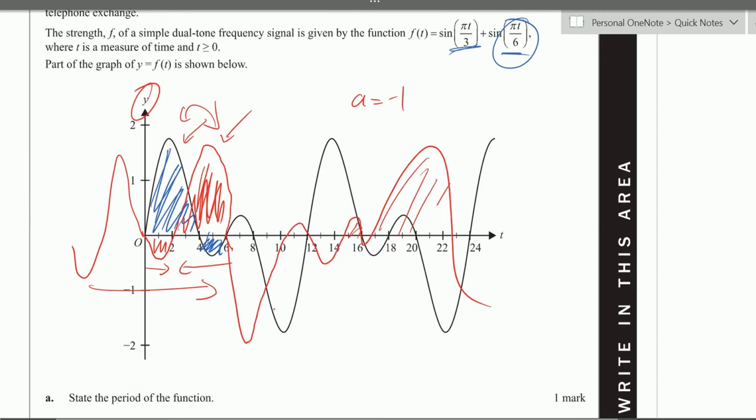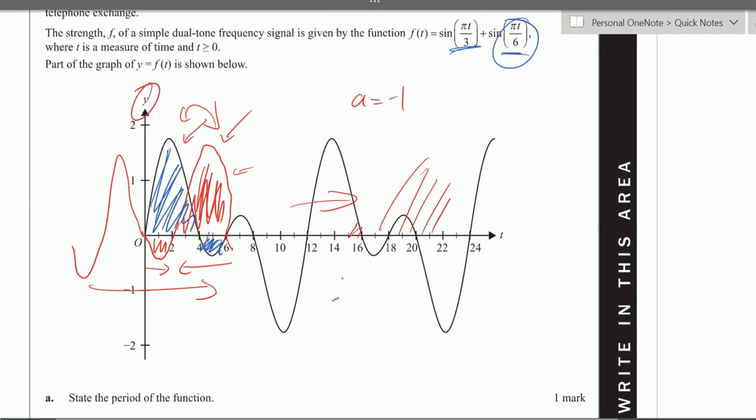Oh, sorry, I'll just erase this. Anyway, your first translation to get it to here would be +6. So you have to have at least +6 to get it to here, but then you can add more to get it to the other ones on the continuation. So you could add any amount of periods.